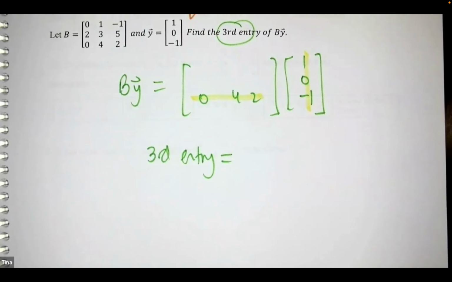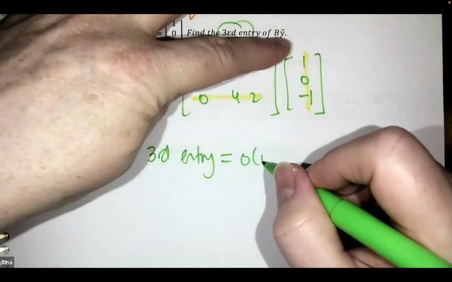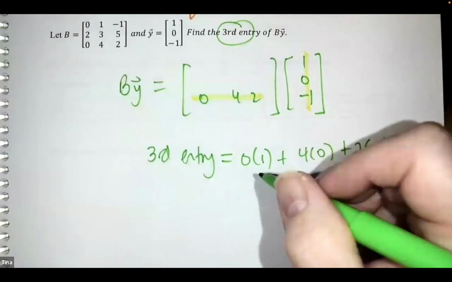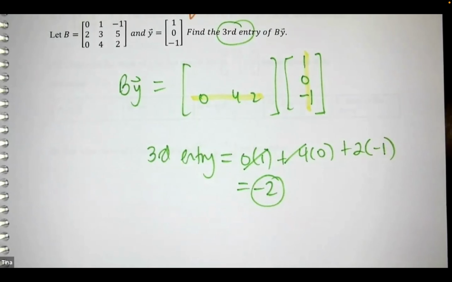First times first, plus second times second, plus third times third. So let's see, 0 times 1, plus 4 times 0, plus 2 times negative 1, and that would just be negative 2. Okay, any questions?